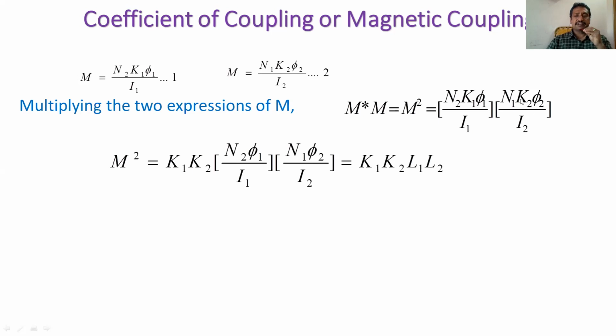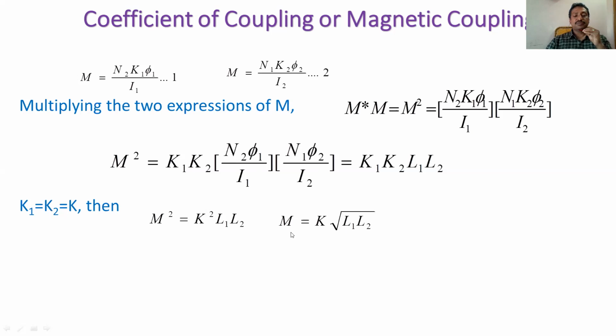Separating these, with phi1 = K1 phi1 and phi2 = K2 phi2, we get N1 phi1 by I1, which is L1, the self-inductance of the primary coil, and N2 phi2 by I2, which is L2, the self-inductance of the secondary coil. Therefore, M squared = K1 K2 L1 L2 = K squared L1 L2.